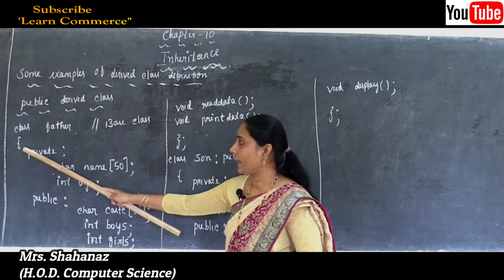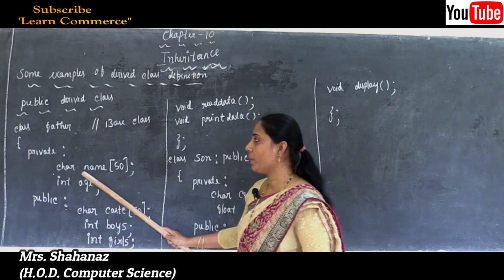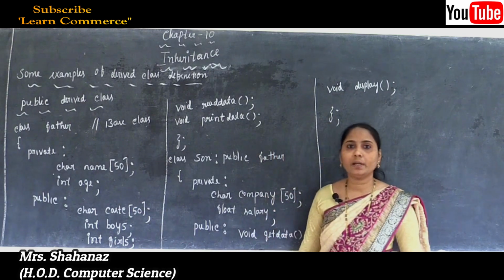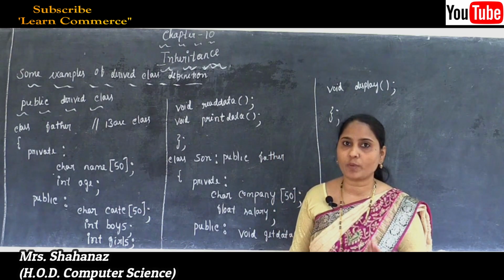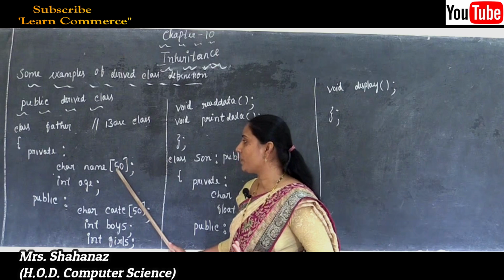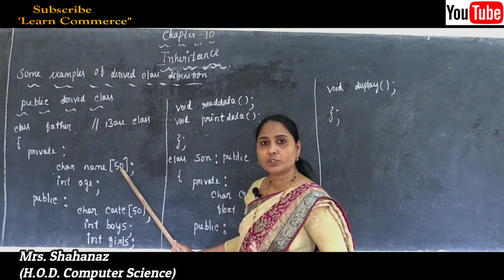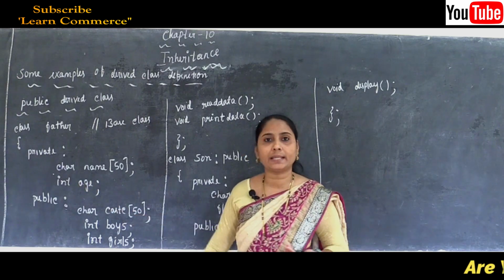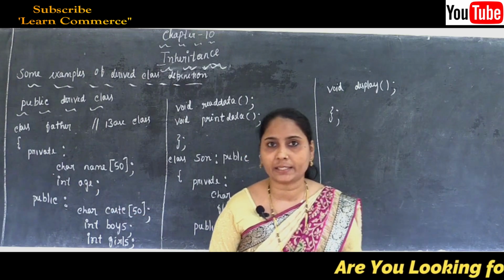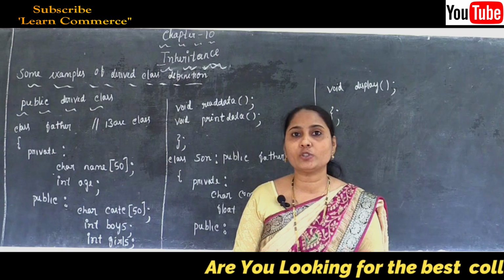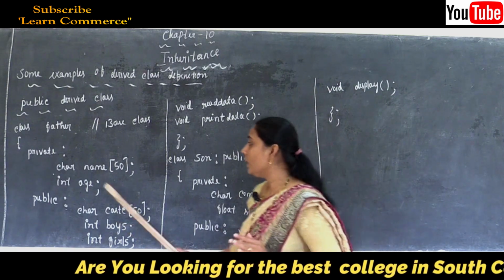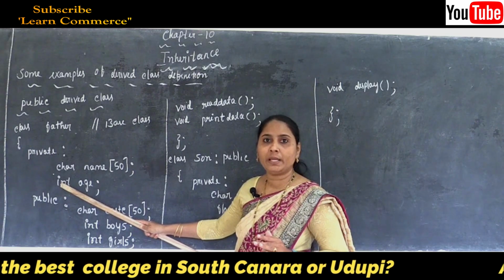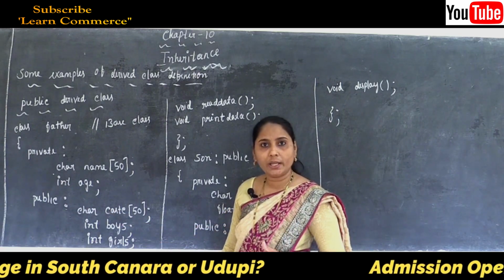Opening curly bracket. In private, some of the member data are name. Why? Because we know a name is a group of letters, accessed one by one, so we use square brackets for the size, and declare it by using the data type char. It is characters, we are not using any number while writing a name. And age, that is by using data type int, maybe the age 30, 40, 12.